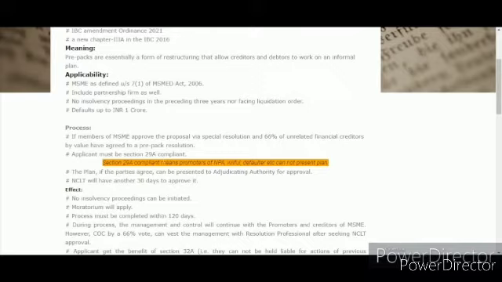It basically means at least 66% of financial creditors must agree to this pre-pack resolution plan. If either of the criteria is not fulfilled, then the company cannot opt for this scheme.